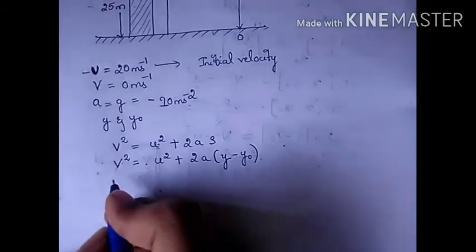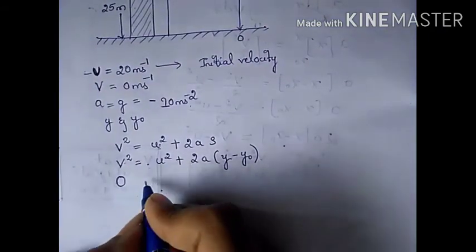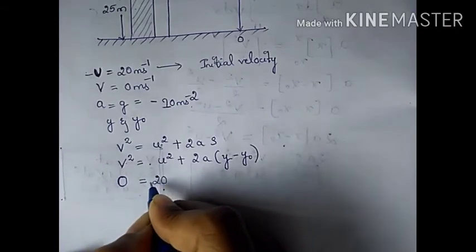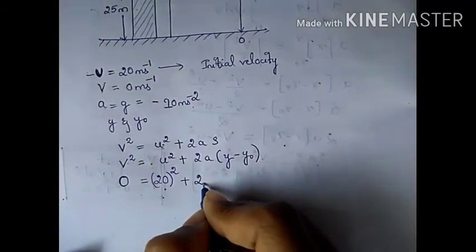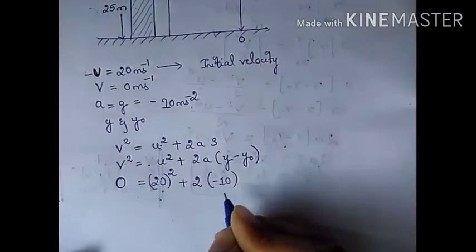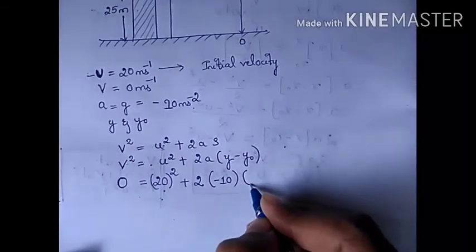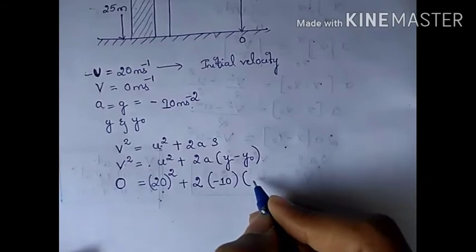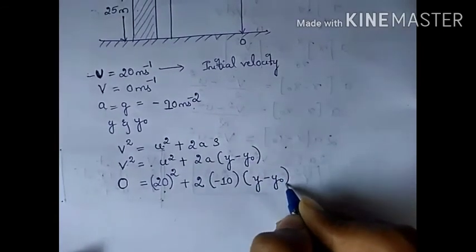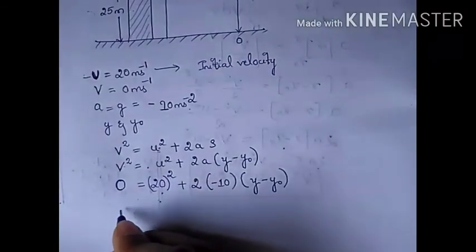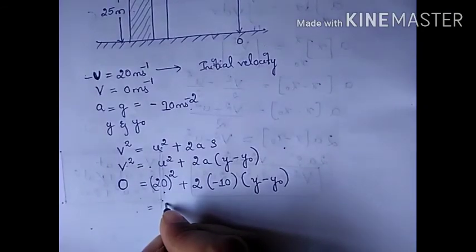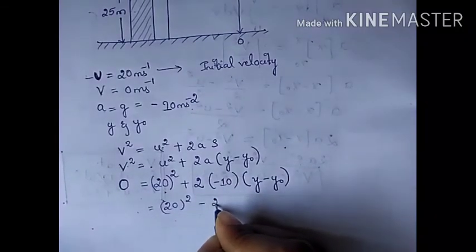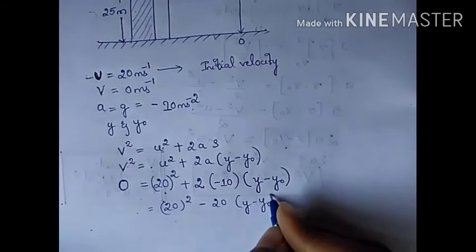Now we know the final velocity of the body is 0. Initial velocity is 20 meters per second, so there is a 20 square. Plus 2 times the acceleration due to gravity, which is minus 10 meters per second square. We don't know what y and y naught are, so let us keep these two terms as they are. Since v is 0, we need not worry about it. So we have 20 square minus 20 times y minus y naught.